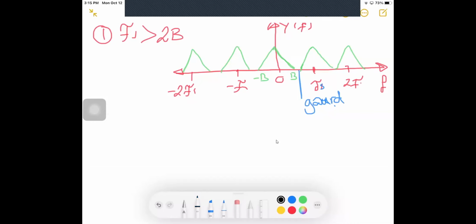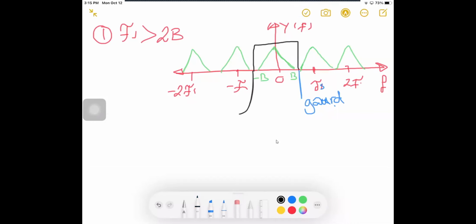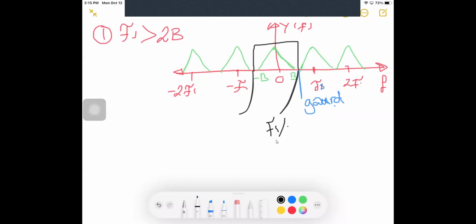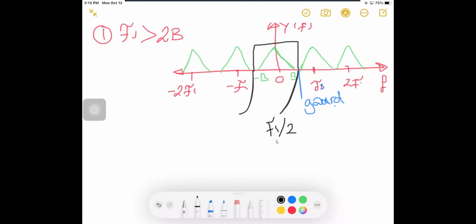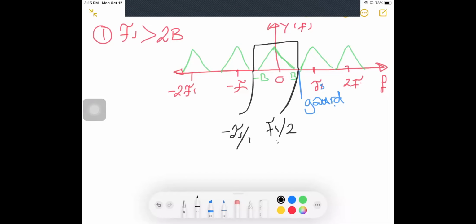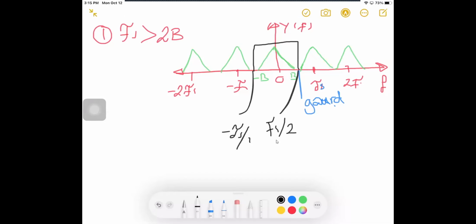To recover the original signal, we just use a low pass filter with cutoff frequency equal to fs over 2, and minus fs over 2. In this way we can recover the original signal without any problem. This is the first case, when fs is greater than 2b.